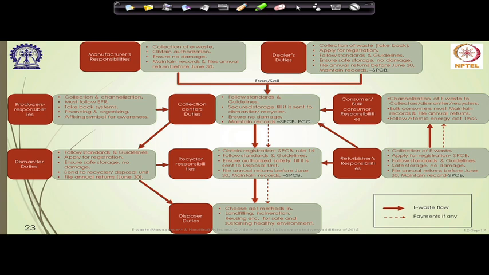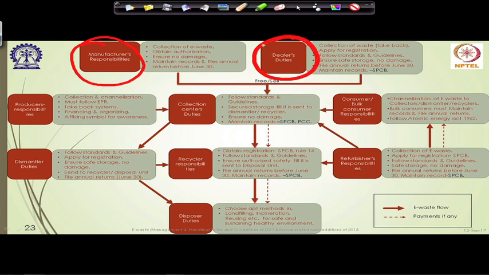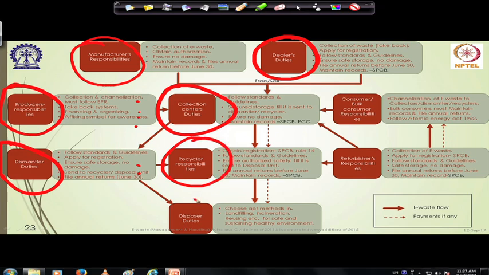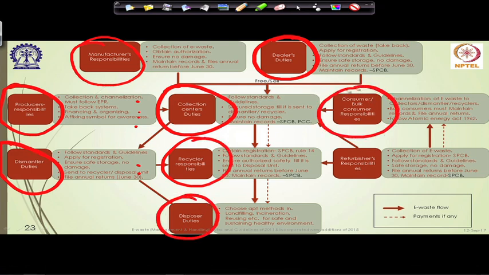For each one of them I have put together a small box, and the duties for each are listed in these boxes, which you will see.